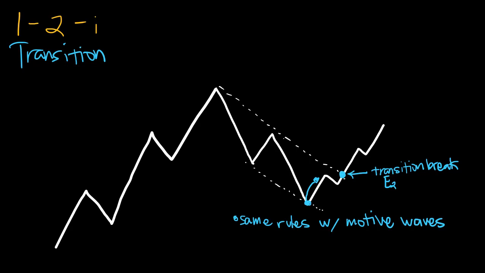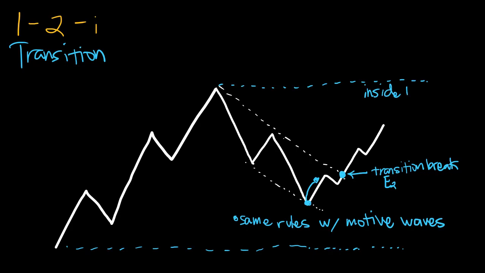But if there's anything to consider, we want to prioritize transitions which are inside the range of the baseline. This means the start of the smaller degree wave 1 should be inside the larger degree wave 1.